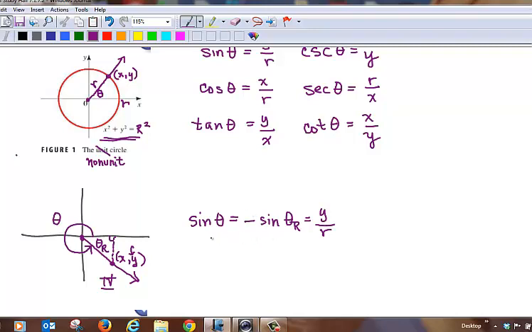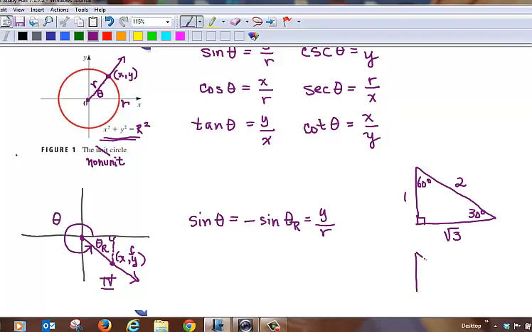So we used that information. We also used information such as special right triangles. What if you have a 30, 60, 90 right triangle? Here's a handy 30, 60, 90 right triangle with a hypotenuse of 2, a short leg of 1, and a long leg of root 3. We use these numbers to find exact values.